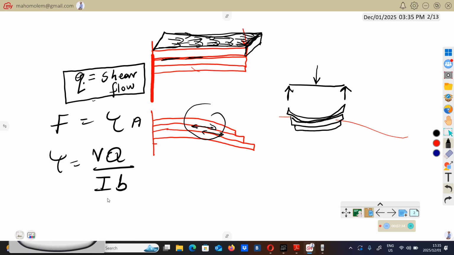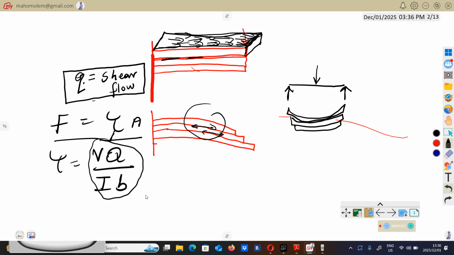If you want that shear flow, which is the force, you just take this formula, replace the shear stress by this one here, then multiply it by the area.